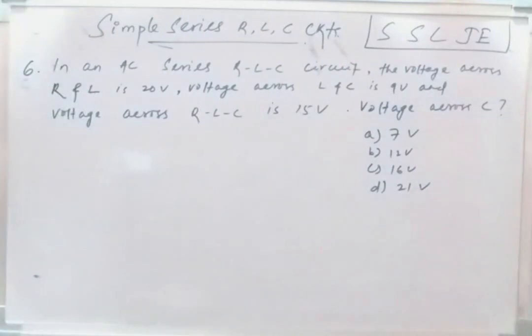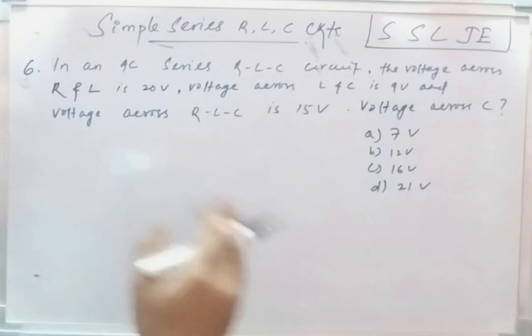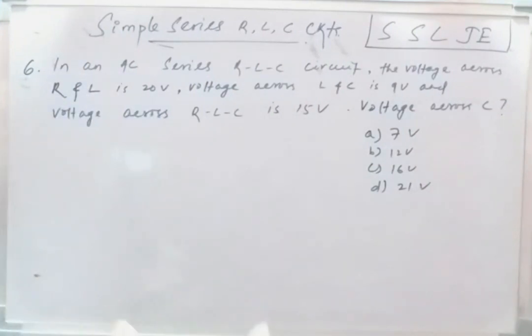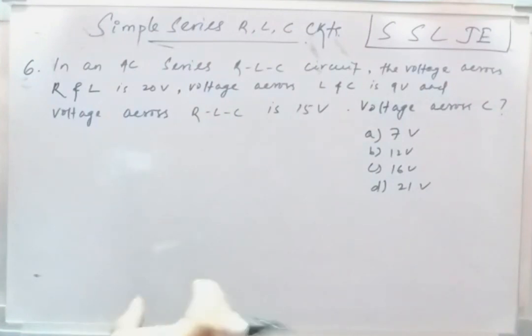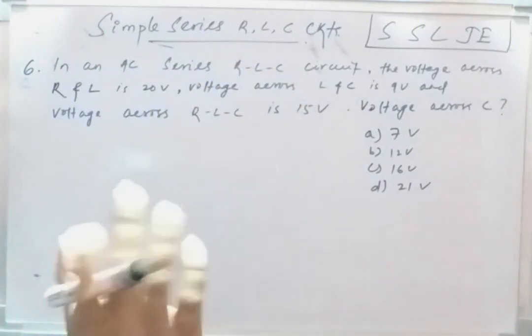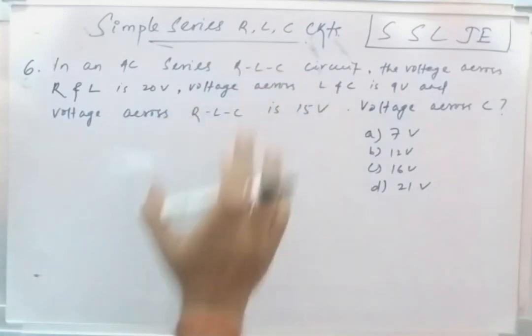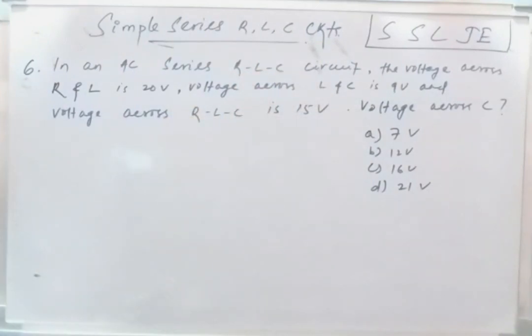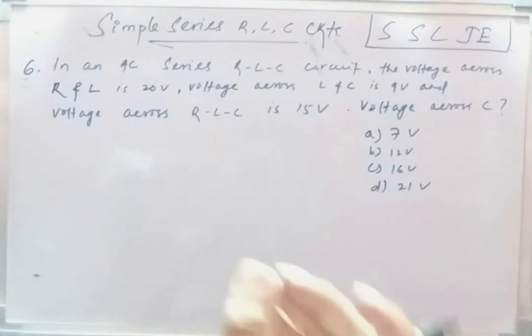Okay, before that, you need to understand that where there is a combination of R, L and C, the resistance or voltage of R remains in the real part of the complex form of voltage or impedance, and L and C remain in the imaginary part of the complex form.